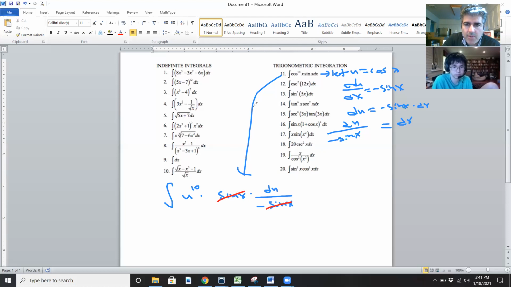And you can push the negative off to the side if you like.